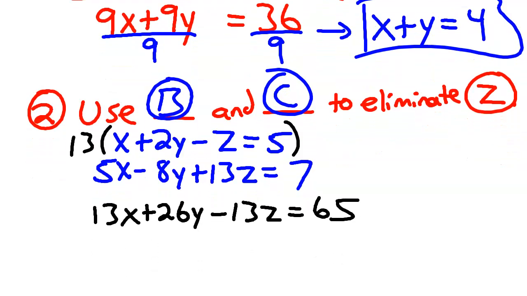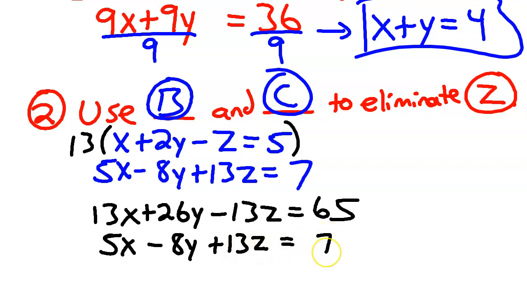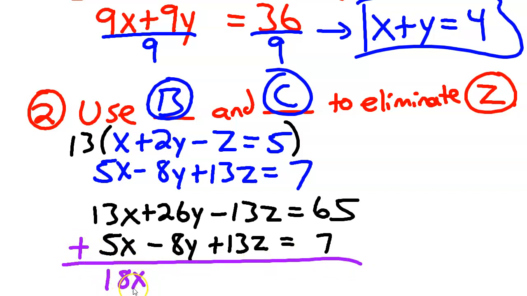The bottom equation I don't have to modify, so I'll just copy it down right underneath that. Plus 13z equals 7, right? And now I can add these two equations together, and I will get 18x plus 18y. The 13z's cancel out, equals 72.